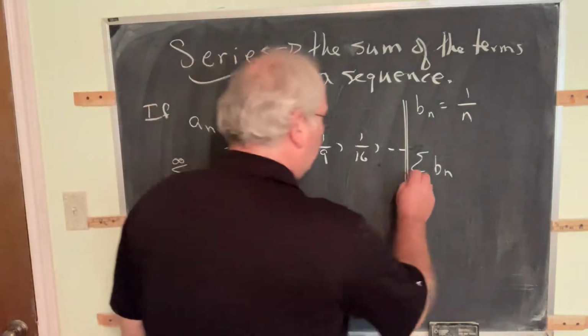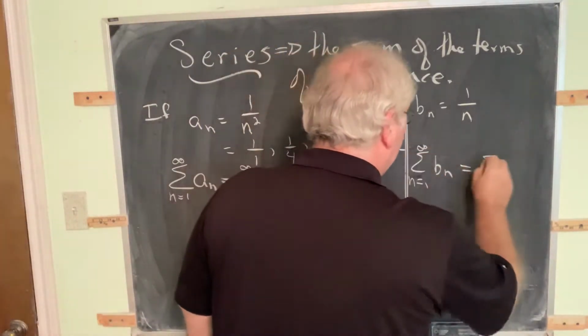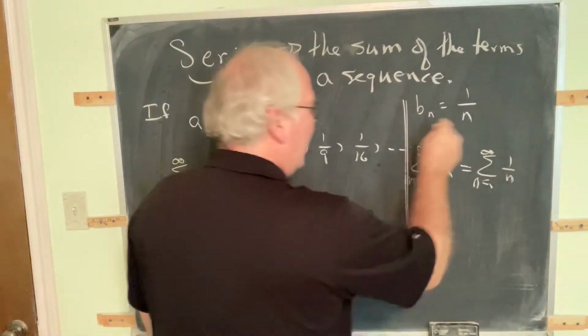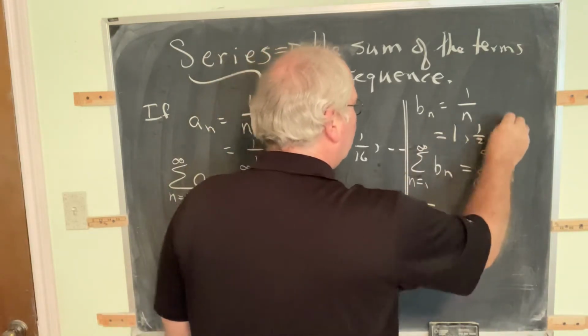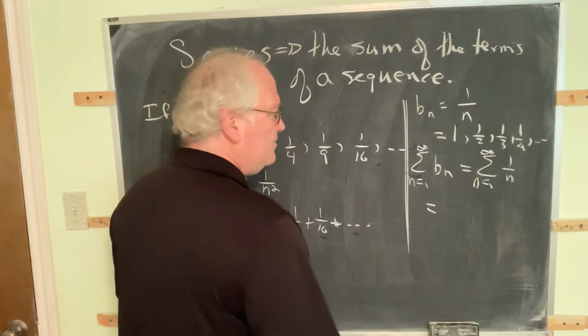How about if I do this one more time? n equals 1 to infinity of b_n. That's the sum. n goes from 1 to infinity of 1 over n. And the terms of this sequence are 1, comma, 1/2, comma, 1/3, 1/4, and so on.